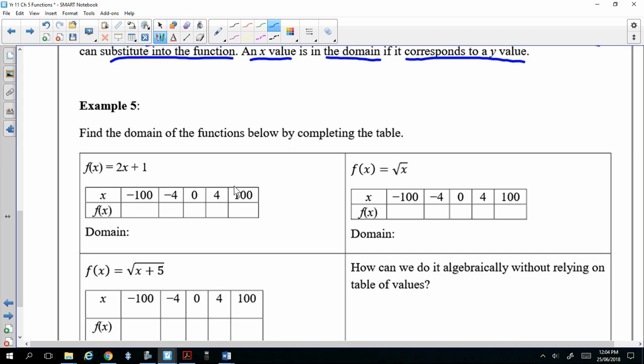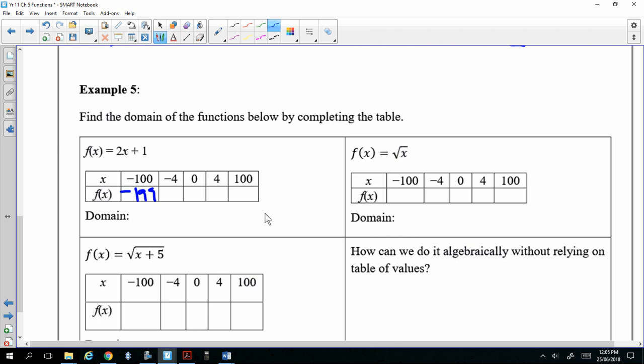Okay, let's substitute -100 into x. What do you get? -199. And then keep doing. Continuing on. What about -4? -8 plus 1 is -7. 0 will be 1. 4 will be 9. 100 will be 201.